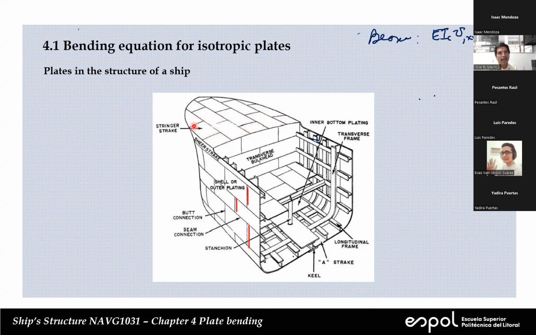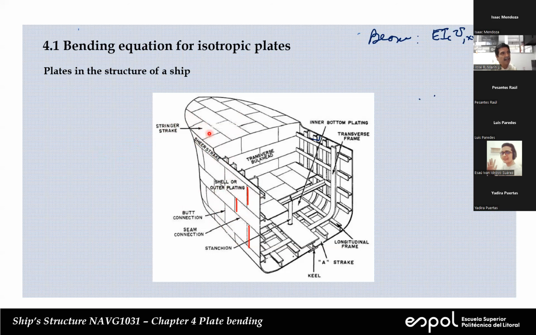Okay, and each one of these is what we call a strake. In Spanish, I think it's an adaptation, and we call it a traca. You see that this is a strake, the stringer strake, and you see that on the side, each one of these is a strake, and the top is what we call the sheer strake.